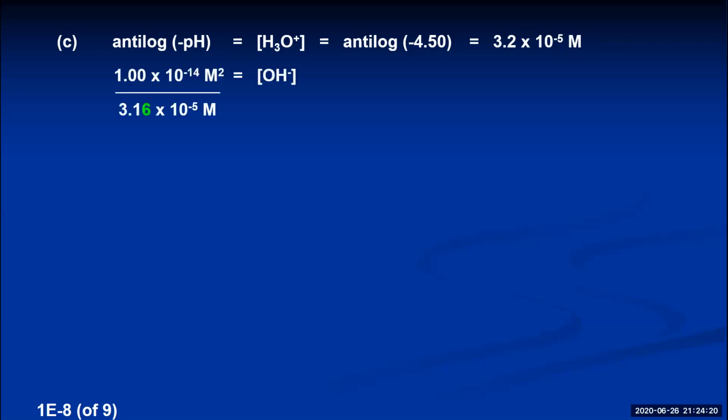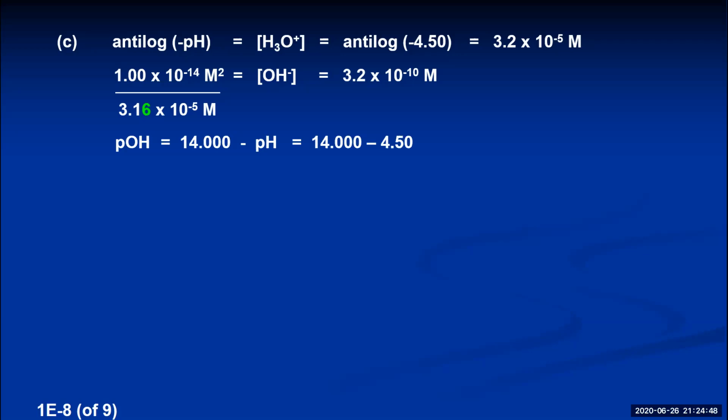If I want to calculate the hydroxide concentration, that's going to equal the Kw, 1.00 times 10 to the minus 14th molarity squared, divided by my hydronium concentration using a guard digit, 3.16 times 10 to the minus 5th molar, and I get a hydroxide concentration of 3.2 times 10 to the minus 10th molar. The pOH then can be determined from the pH by going 14.000 minus the original pH of the solution.